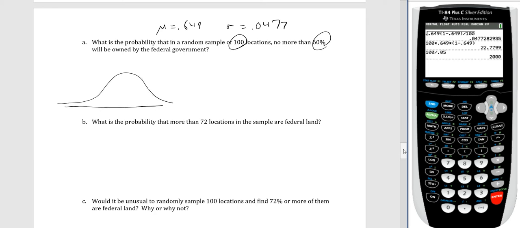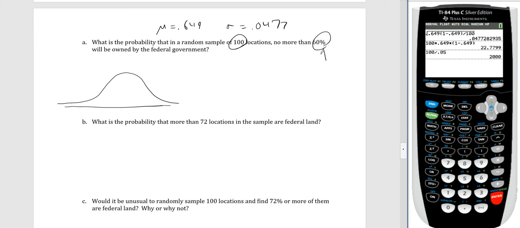Now, that percentage may throw some people off, because some people will see that percentage and say, oh, okay, we have the area, and we're trying to find the bound. However, keep in mind that we're working with sampling proportions, which means that the x-axis itself represents proportions as well.